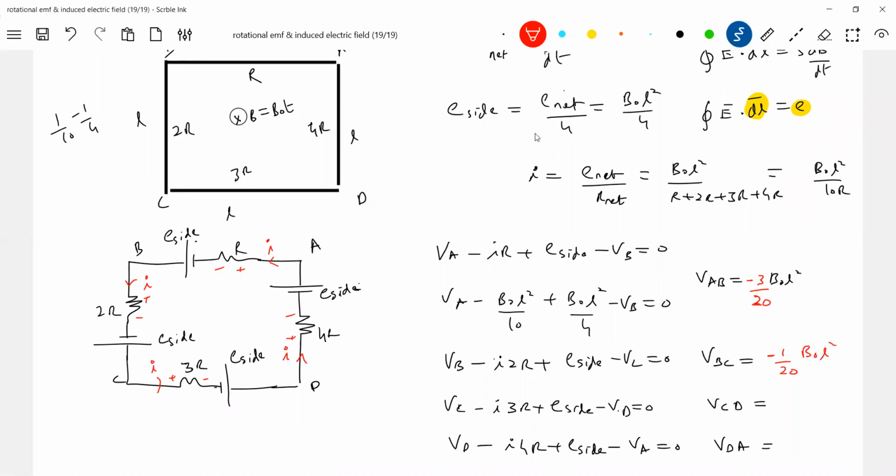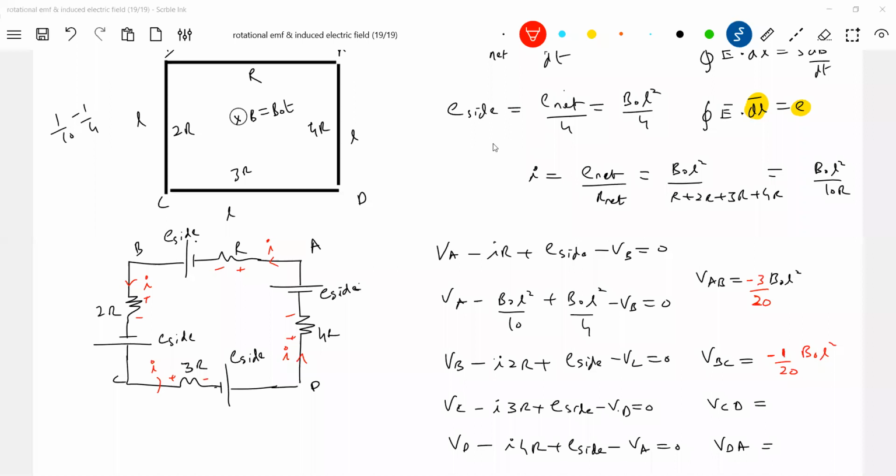1 or 7? Minus 1 only? VBC is minus 1 by 20. Okay, fine.